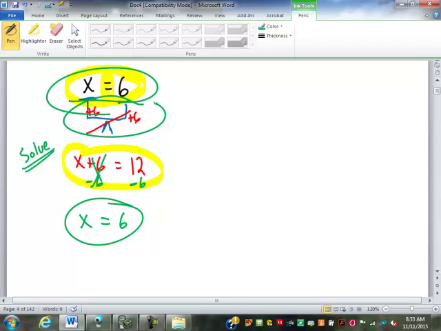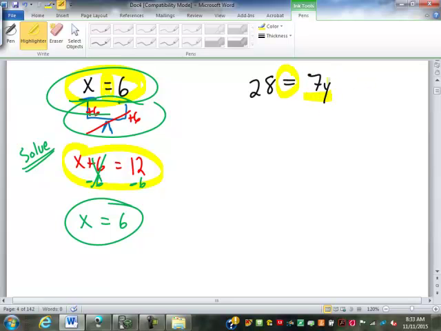Now on this one, we watched it be built. We built it, so we knew how it was built, so we knew exactly how to take it apart. The trick in solving an equation is figuring out how it was built so we can figure out how to take it apart. For example, we might have this, 28 equals 7y. To figure out how it was built, we find the equal sign, and we identify where the variable is.